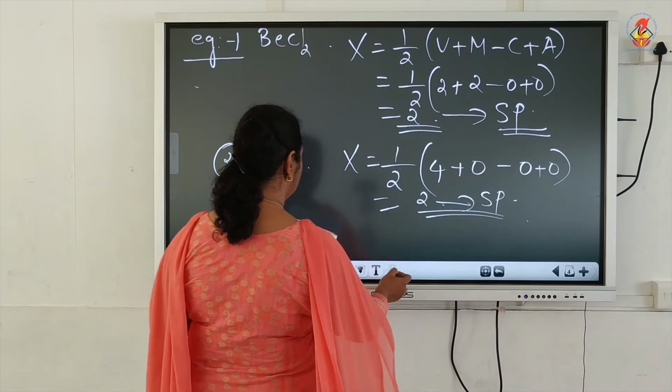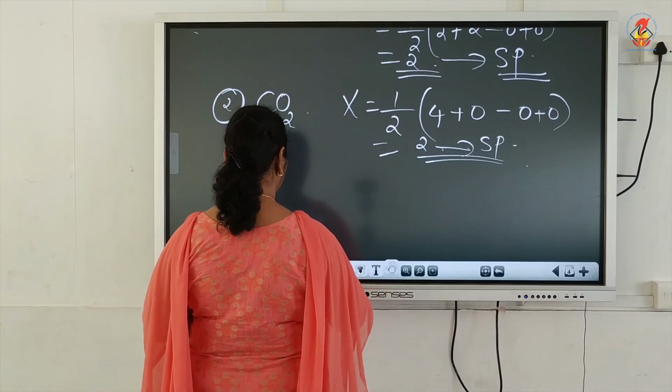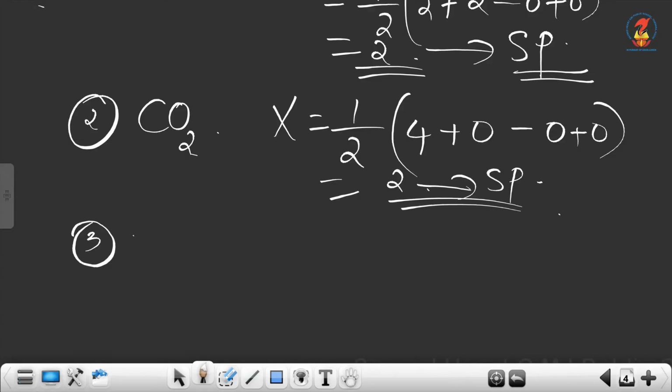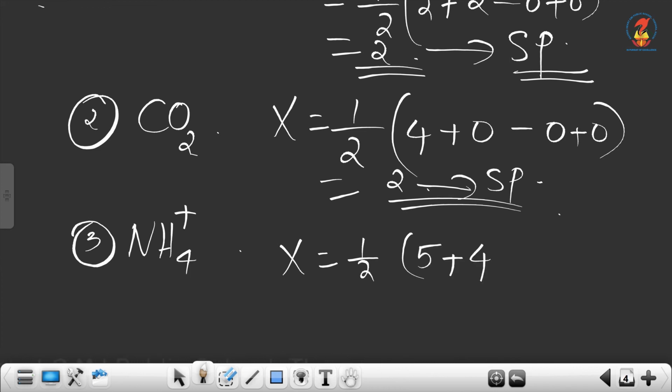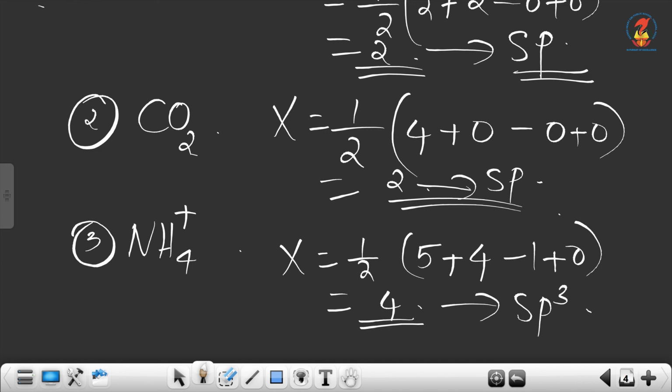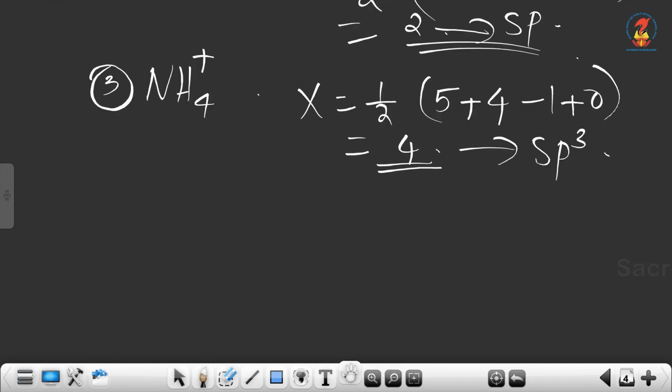Next, example 3 is NH4+. X is equal to half into the number of valence electrons in nitrogen, which is 5, plus 4. Then it's a cation with plus charge, so minus 1 plus 0, which is equal to 4. So X is equal to 4 means the hybridization is sp3.